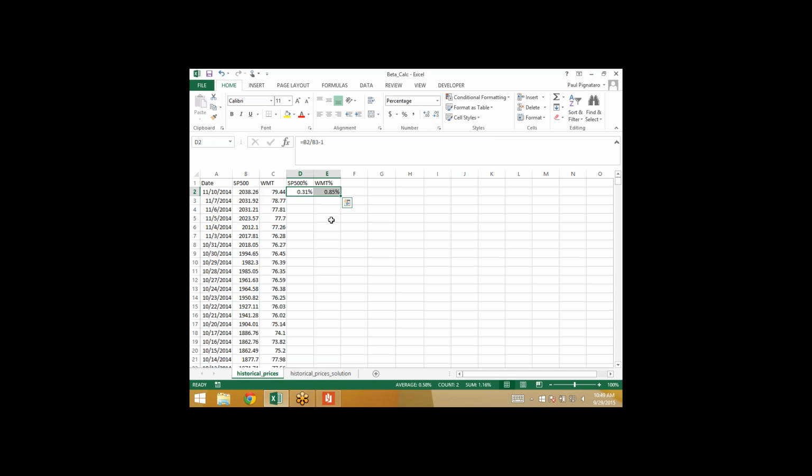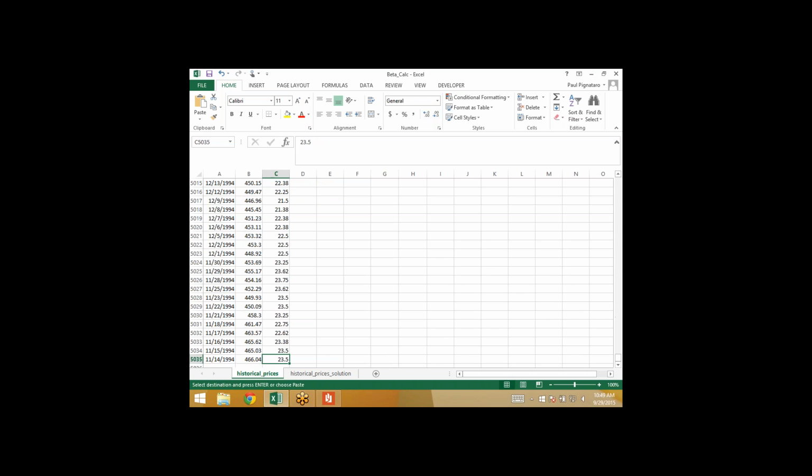The quickest way to do this is if I copy these cells, Control C, and I'll start from the bottom. You might be familiar with these hotkeys. If I do Control arrow down, it drops to the very bottom cell. That only works if I'm highlighting a row with information on it.